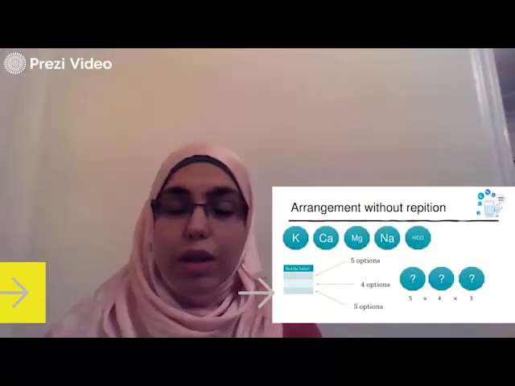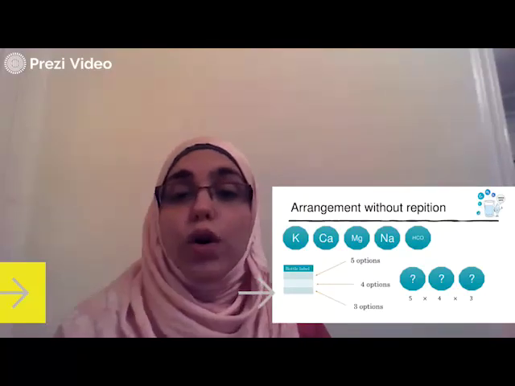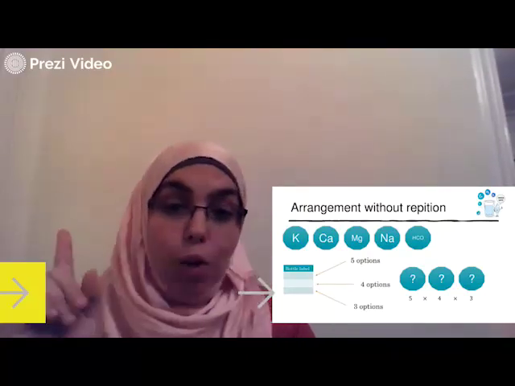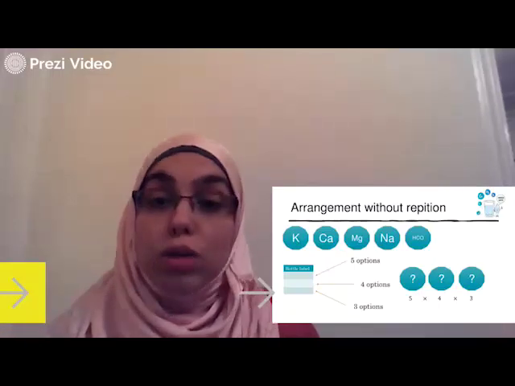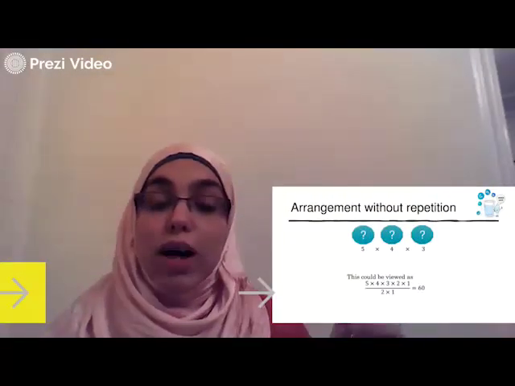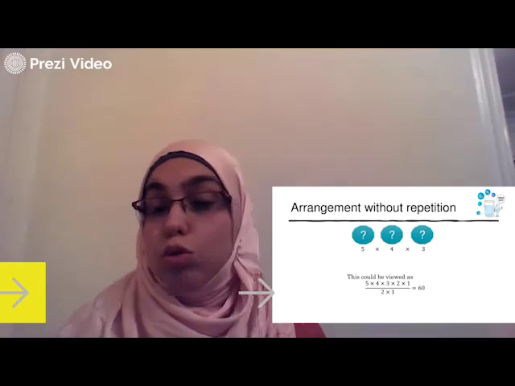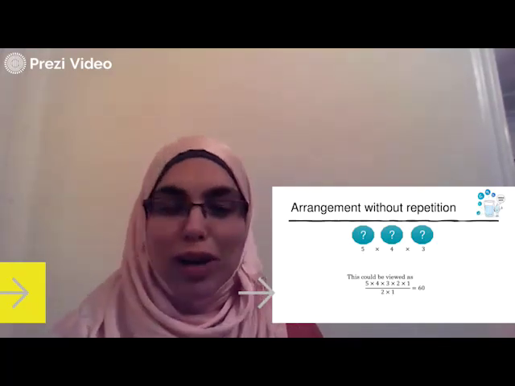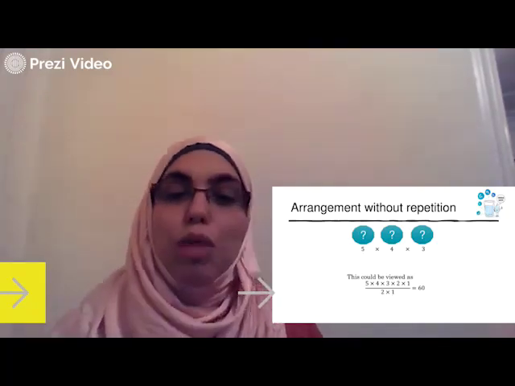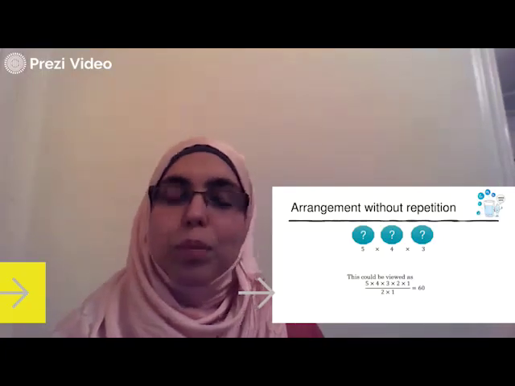Since this one is 5 times 4 times 3, we are going to write this by using factorial. So we can write this as 5 times 4 times 3 times 2 times 1 over 2 times 1. This reminds us of n factorial.